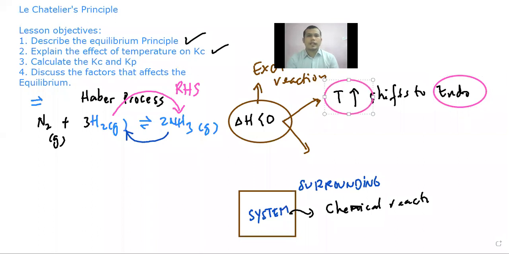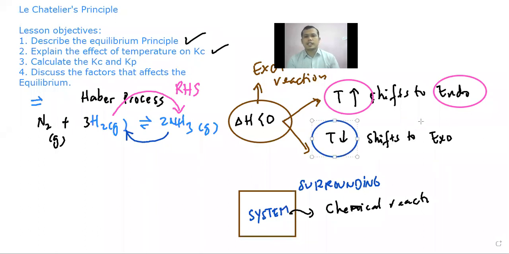If you lower the temperature, the equilibrium shifts to the side of exo. That is the first thing you need to know whenever we adjust the temperature.